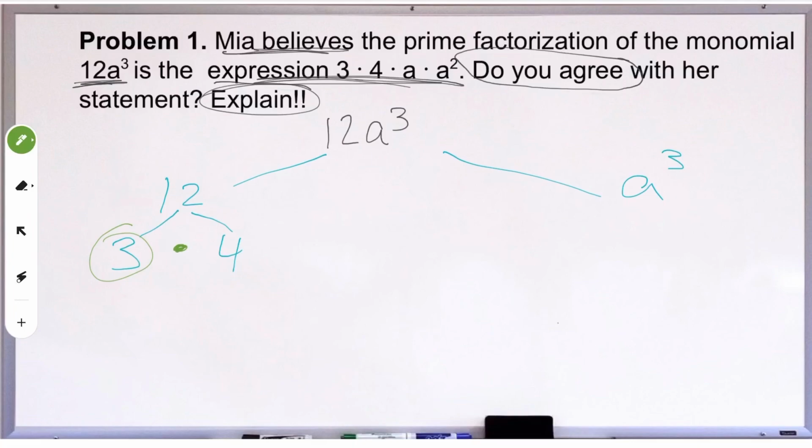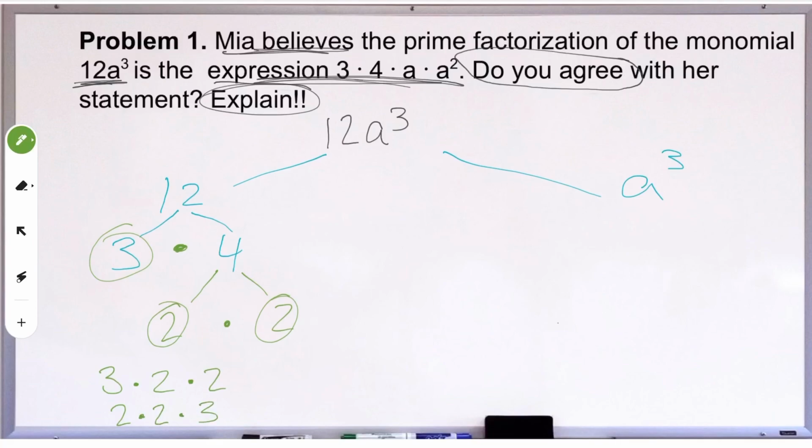However, 4 over here is not a prime number because it has the factors 2 and 2, which is not 1 or 4. Therefore, 4 is not a prime number. So we have 2 and 2. Therefore, 12 is equivalent to multiplying 3 times 2 times 2 together, or 2 times 2 times 3 together.